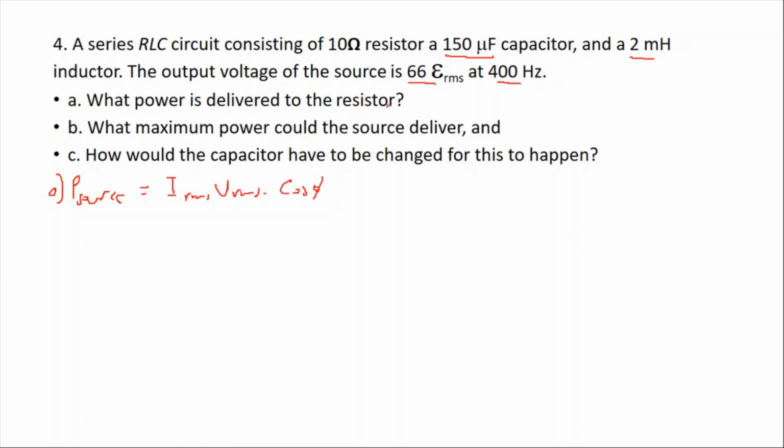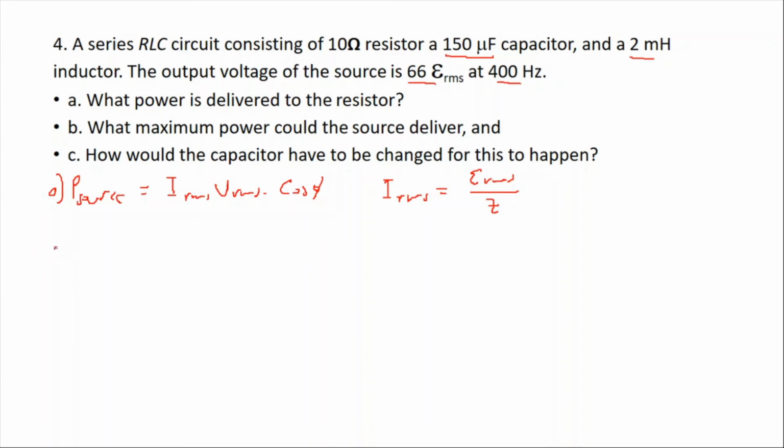So here we only know V RMS. It is 66, but we don't know I RMS and we don't know cosine phi. To find I RMS, we need to find the impedance of the circuit. I RMS is equal to E RMS divided by Z. So to find the impedance, we need to first know the capacitive reactance and inductive reactance.